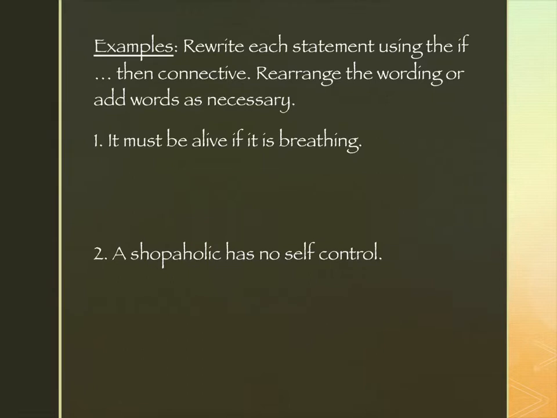So if you look at the first one, it says it must be alive if it is breathing. The if is not at the beginning. Do you see it though? It's in the middle. So when we're rewriting a statement with an if-then connective, we start with where the if is, and that moves to the front of the sentence. So we're going to start now by saying if it is breathing.